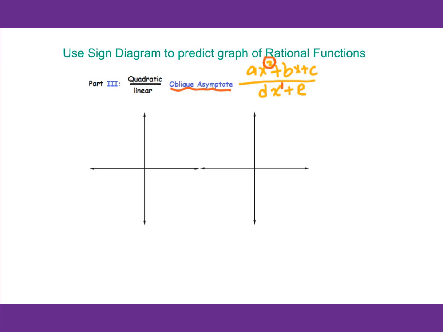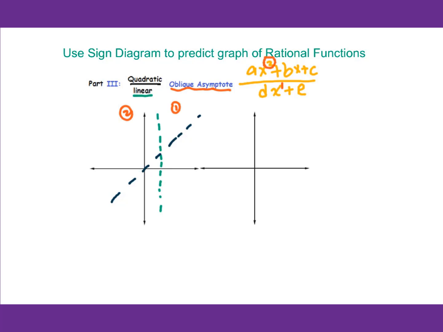Since the denominator is only linear, there is only one vertical asymptote line. The oblique asymptote line you can predict like this. This vertical asymptote line divides the number line into two parts.